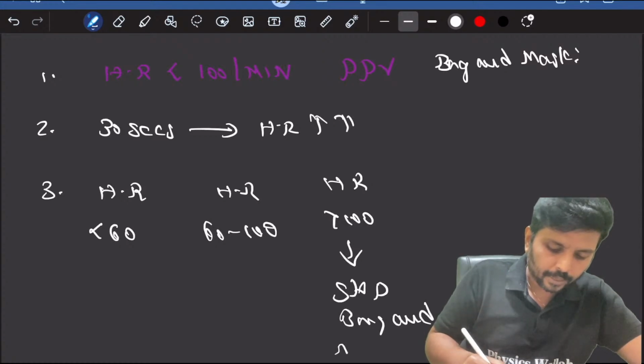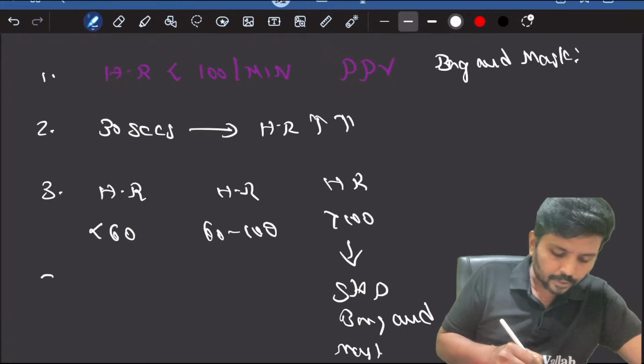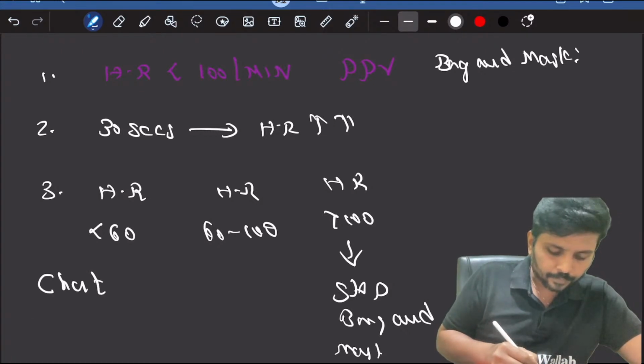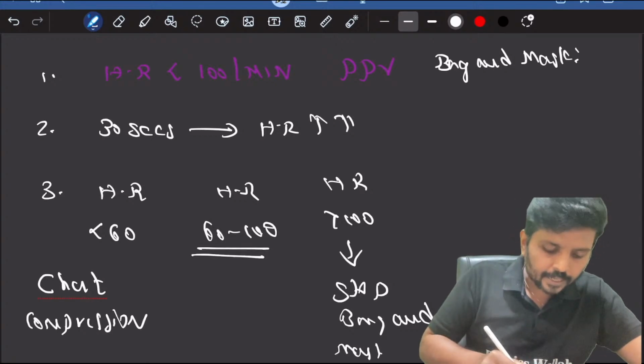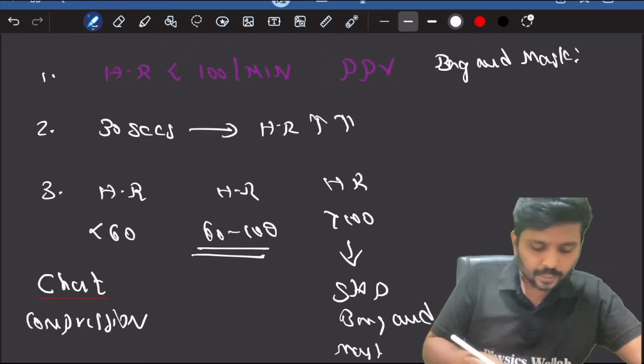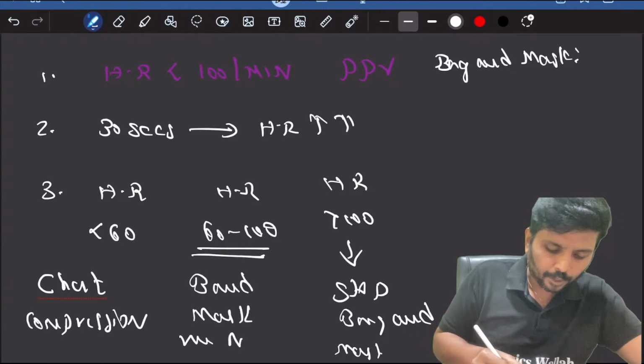Heart rate of less than 60 means you need to start chest compression. Whereas heart rate of 60 to 100 per minute means your bag and mask ventilation is not proper.